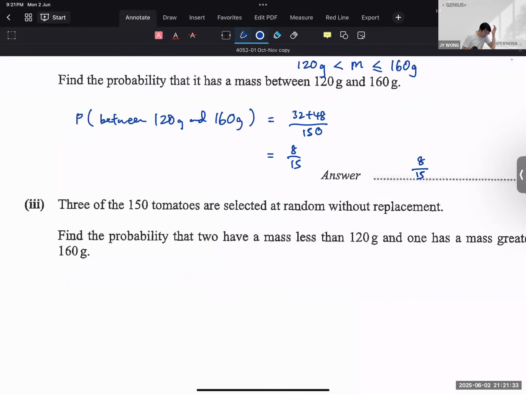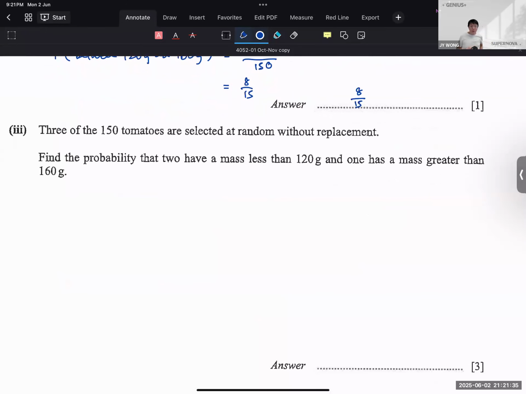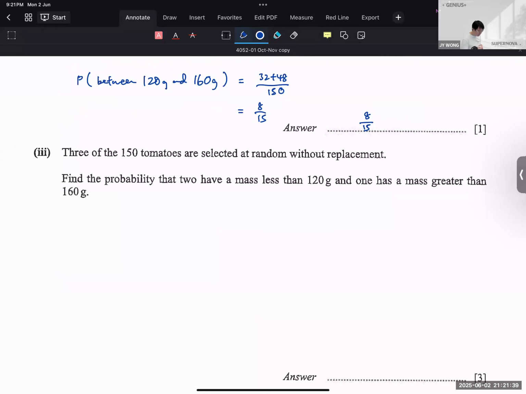Now, the question that is a bit more challenging is part 3. What do we know about part 3? 3 of the tomatoes are selected at random without replacement. Find the probability that 2 of them have a mass less than 120 and 1 has a mass greater than 160.